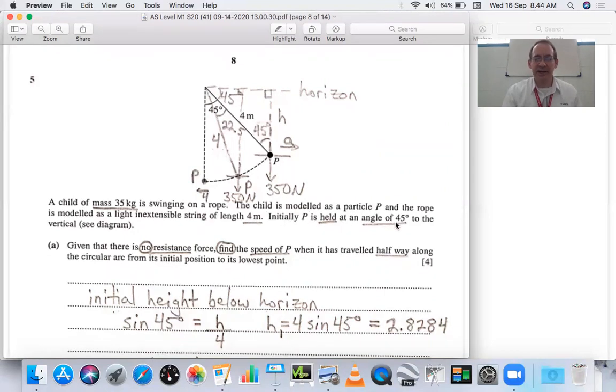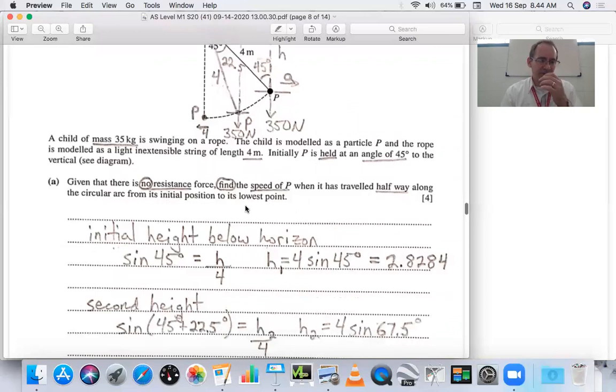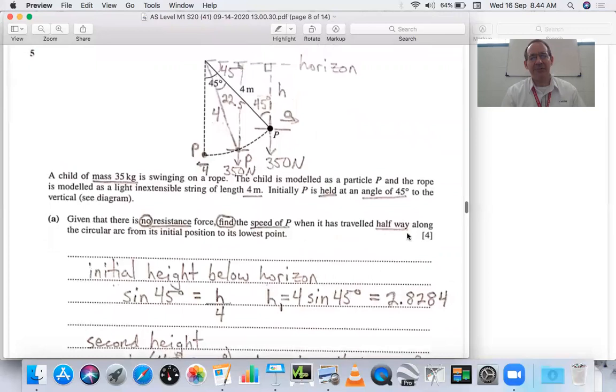P is initially held, so that would be at rest, at a 45-degree angle to the vertical, which shows in the diagram. Given that there is no resistance, find the speed of P when it has traveled halfway along the circular arc from its initial position toward the lowest point.